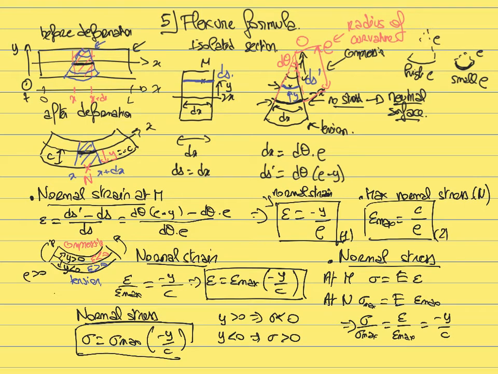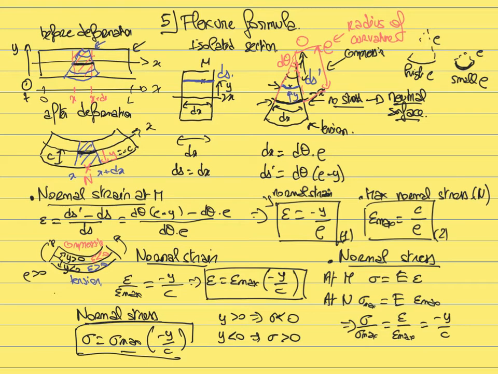So far I have an expression for sigma that depends on y, the position of the point M, depending on its position y with respect to the longitudinal axis x. But so far, this expression is not directly useful because it still depends on sigma max. So I still need to find the maximum value of the normal stress in order to calculate the stress at any other points.